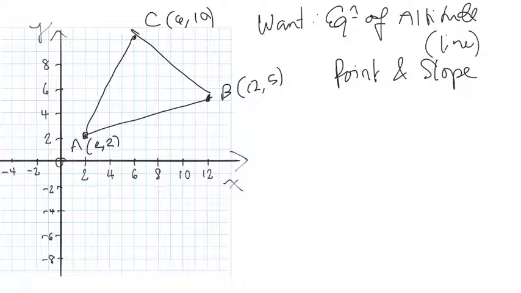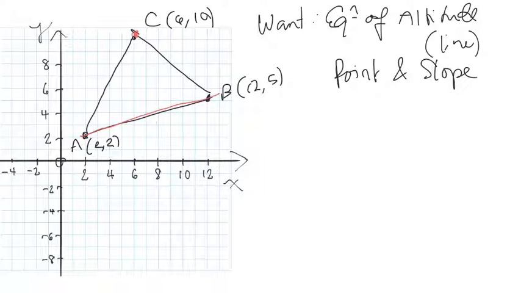Now, the point that I'm going to use for my altitude depends on which altitude I want to find. In this case, I'm just going to arbitrarily choose the altitude from point C. Well, that means that the altitude from C has to pass through the line that A and B are both on, right?